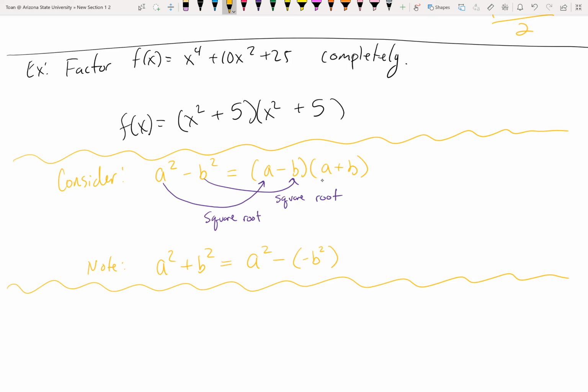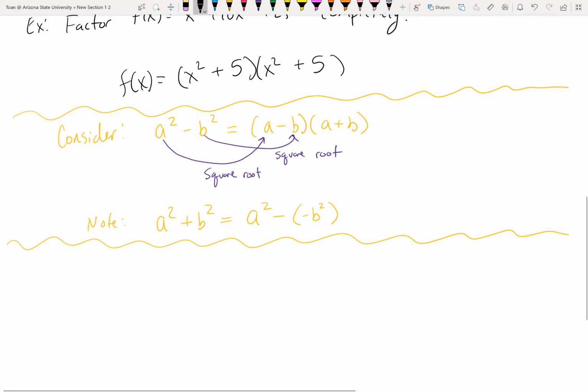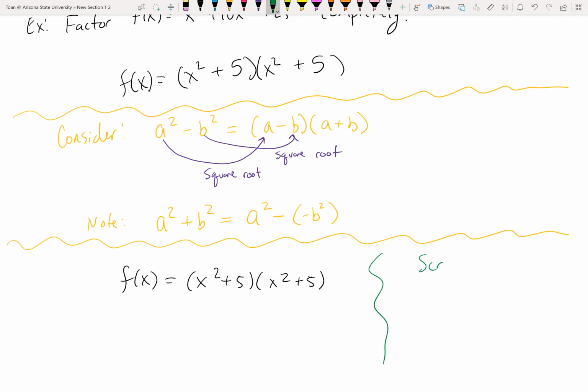So let's go back to our problem here. We still need to factorize. F of x equals x squared plus 5, x squared plus 5. So now I'm going to do some scratch work here. I need to factorize x squared plus 5.